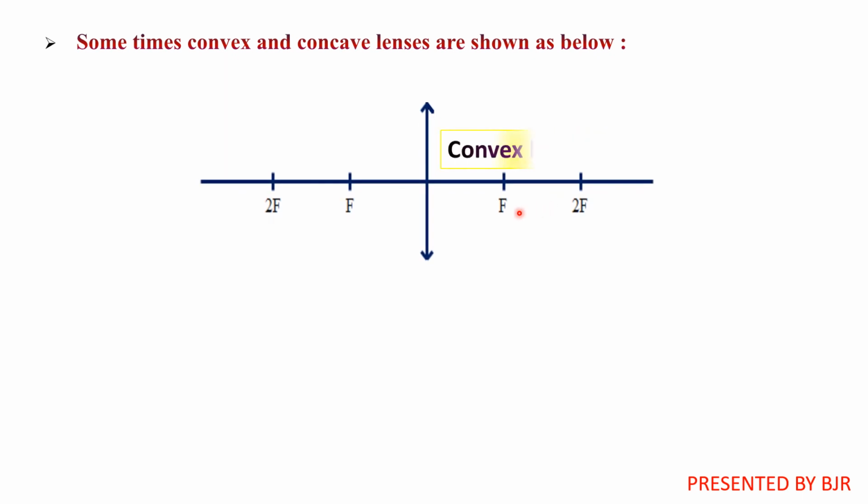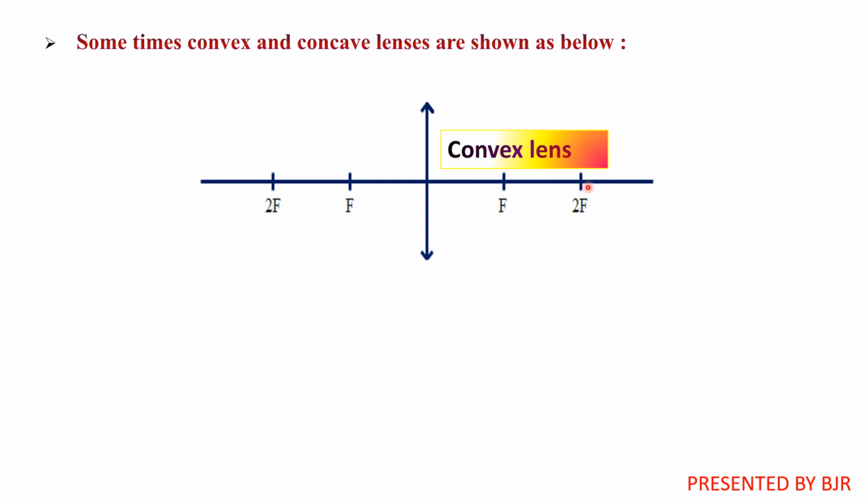Sometimes convex and concave lenses are shown as below. See here. This is the convex lens. You know, this is the principal axis. Instead of C1 and C2, sometimes it will be shown as 2F and F. That means at these positions the centers of curvature are there, and here the focal points.